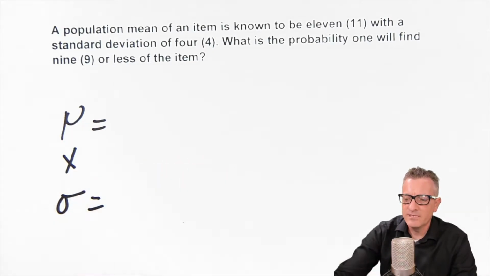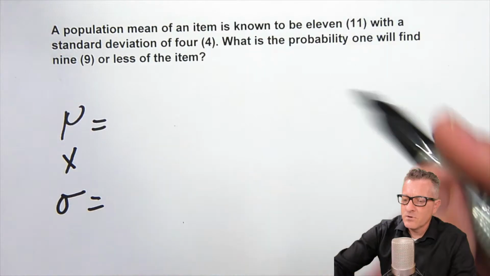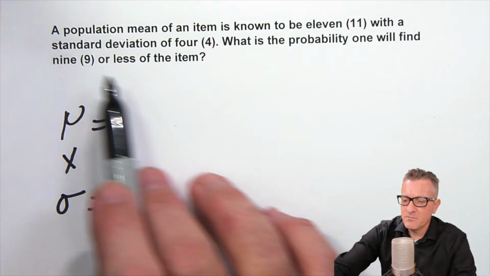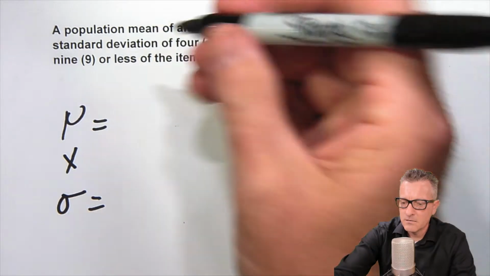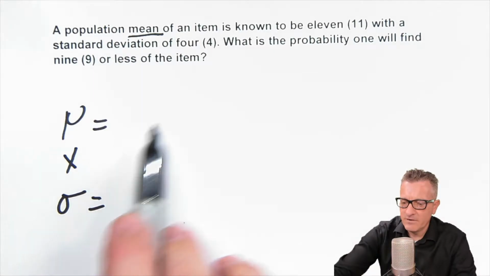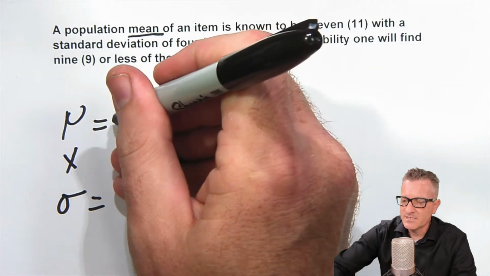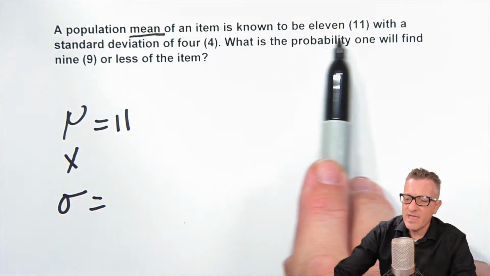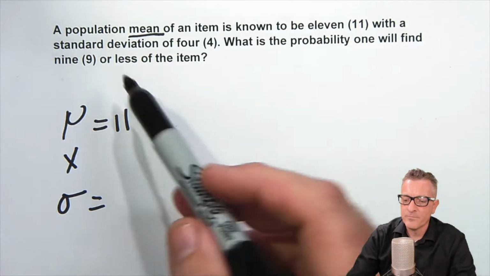I'll do the easy ones first. So mu, in this case, it says a population mean. So our mu value is 11. It said a population mean of an item is known to be 11 with a standard deviation of 4.